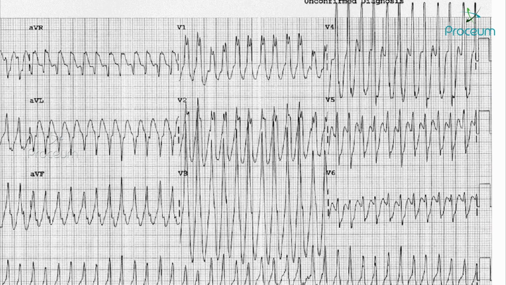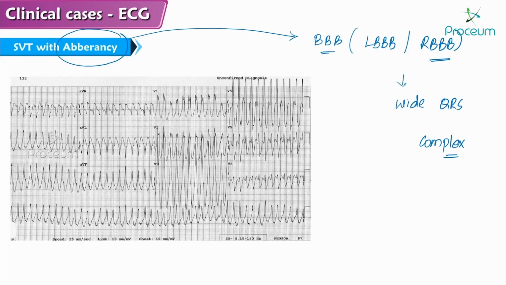Is it right bundle branch block or left bundle branch block? Let me explain. In V1, whatever you are observing here is an RSR dash pattern, that is an M pattern.